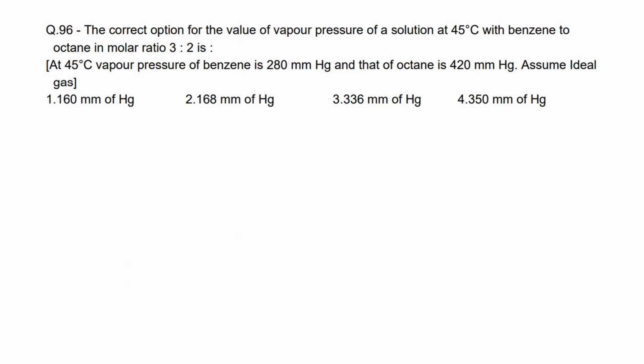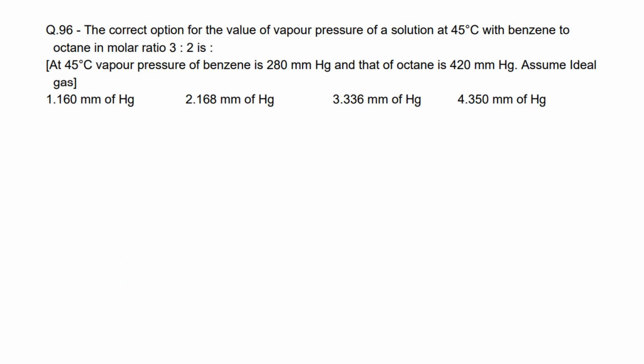Vapor pressure of benzene, how will it come? Its mole fraction into its vapor pressure of pure component. And for octane also, the same way we can calculate: P naught of octane into its mole fraction. Already the molar ratio is mentioned, so with that you can easily identify the mole fraction.